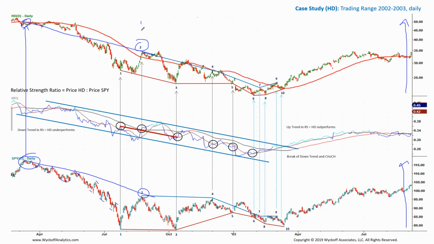If we can't, on a comparative basis, make a judgment as to what is stronger and what is weaker, we could always use a relative strength ratio line. A relative strength ratio line is basically a price-based tool based on the price of the stock over the market proxy. And you could change this.